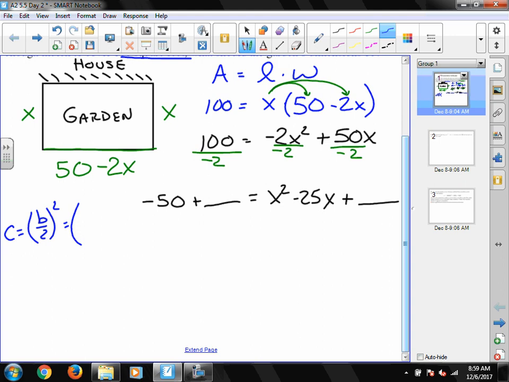In this case, we're going to take negative 25 over 2 squared. So you're going to square 12 and a half to get 156.25. So I'm going to add 156.25 here and 156.25 there.